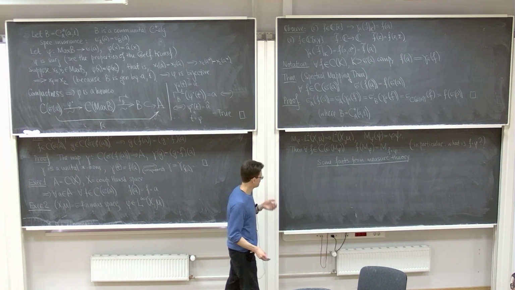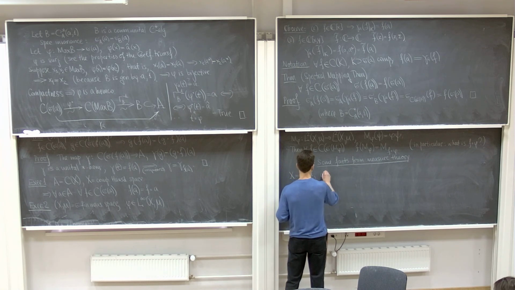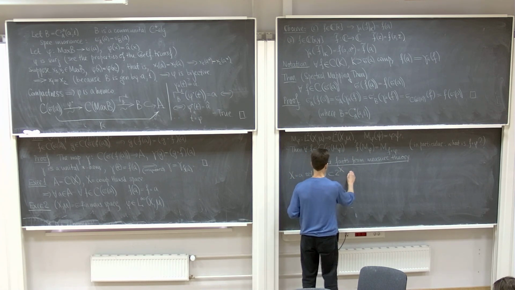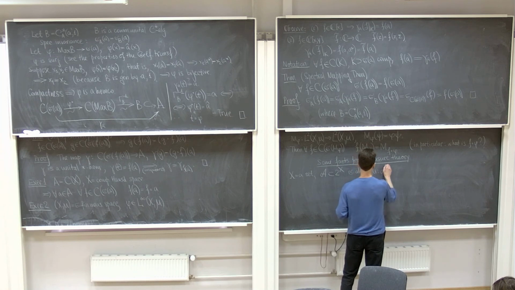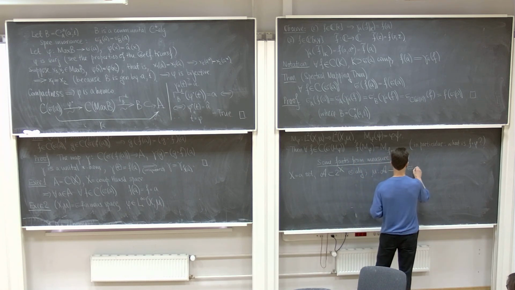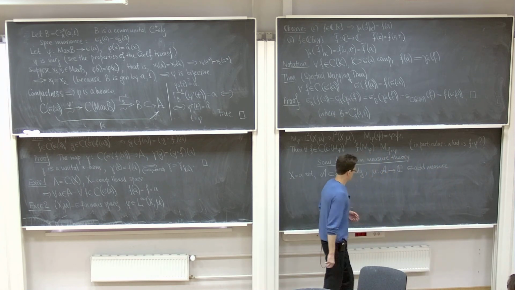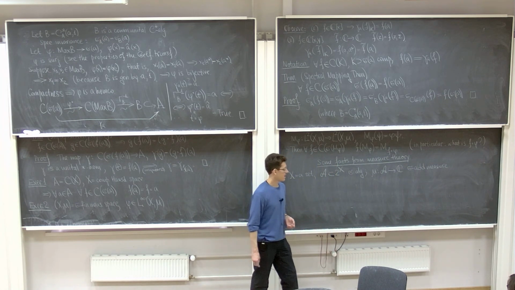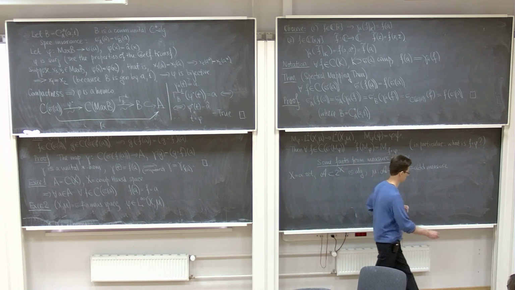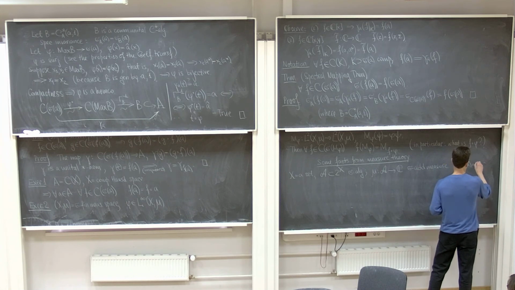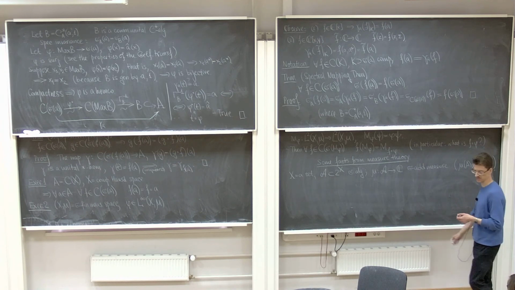Suppose that we have a set X and a sigma algebra script A of subsets of X. And suppose that mu is a sigma additive complex measure on A. So mu is assumed to be complex valued, and I'd like to stress that, in particular, this means that mu is finite. This is our assumption.